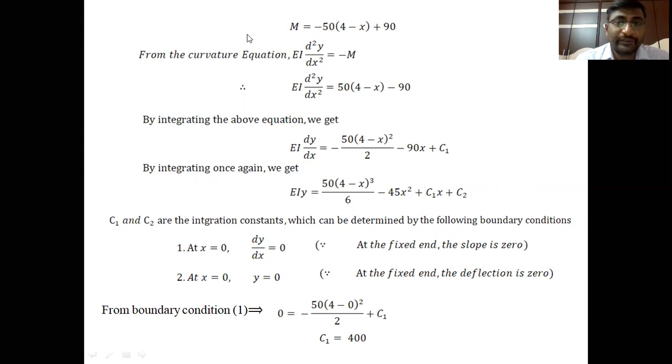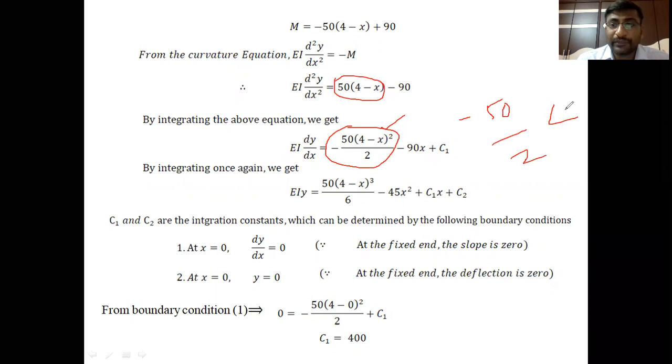Let us look. Upon differentiation of this expression, we should get this term back. When we integrate this and get this term, differentiating it should again give the previous term, 50 into 4 minus x. If we differentiate that, minus 50 by 2 is there. So differentiation of 4 minus x whole square is 2 into 4 minus x, isn't it?